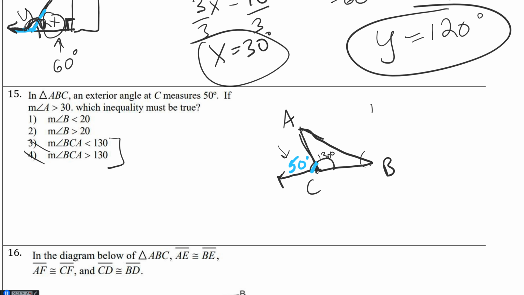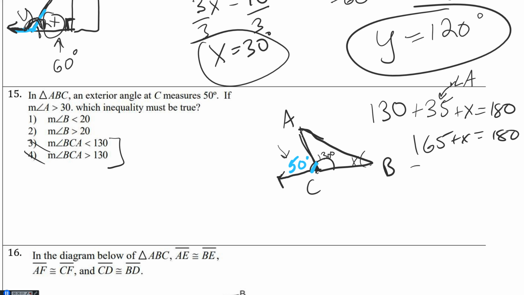Well, I know that angle C, or angle BCA, is 130 degrees. And A has to be greater than 30 degrees. So I'm just going to pick an angle for A. I'm going to pick 35 degrees. And for right now, we're going to call that the measure of angle A. And if the measure of angle B is x, I'm going to set that equal to 180, just to see what happens here.